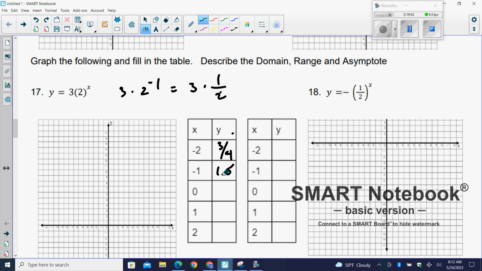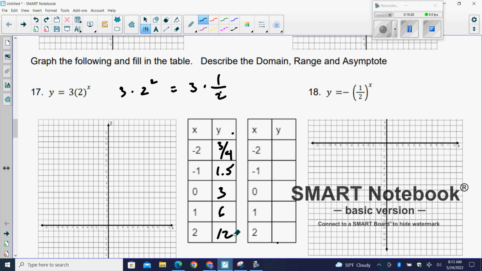Any of those is fine. Anything raised to the 0 power is 1, so this becomes a 3. If I take the negative sign away, this becomes 3 times 2, which is 6. If I put a 2 in there, this becomes 3 times 2 squared, which is 3 times 4, which is 12.